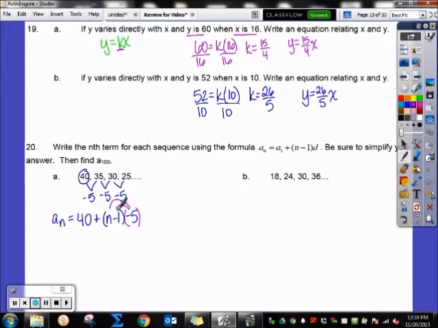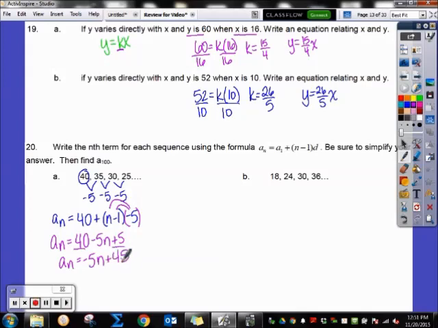That's what it means to simplify my answer. So we have a sub n equals 40. Then negative 5 times n is minus 5n. Negative 5 times negative 1 is plus 5. Now we can simplify. So a sub n equals negative 5n plus 45.